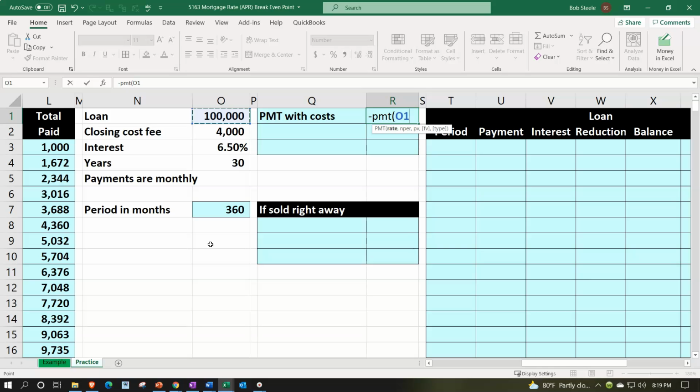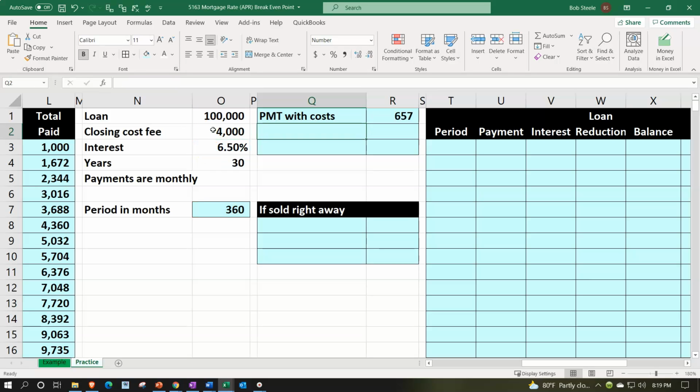We'll pick up the rate at the 6.5 divided by 12 because that's the yearly rate. We want the monthly rate, comma. Number of periods is going to be 30 times 12 or 360, comma. And then the present value is going to be the 100,000 plus the 4,000 because we're going to have to finance the 104,000 given the fact that they're charging us that 4,000 of the costs.